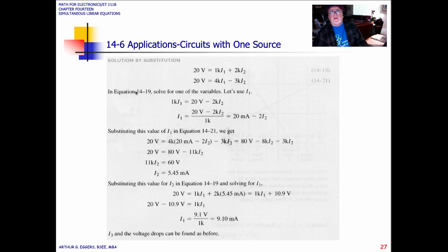So from the first equation, 14.19, which is this top one, we solve for one of the variables. Let's take a look at I1. We're going to take the first expression and move the terms around so that we get everything in terms of solving for I1.